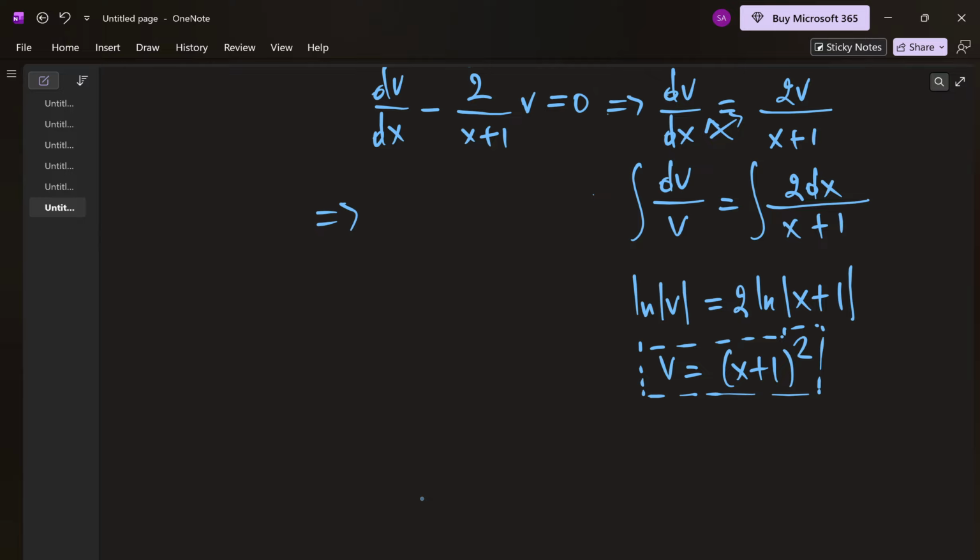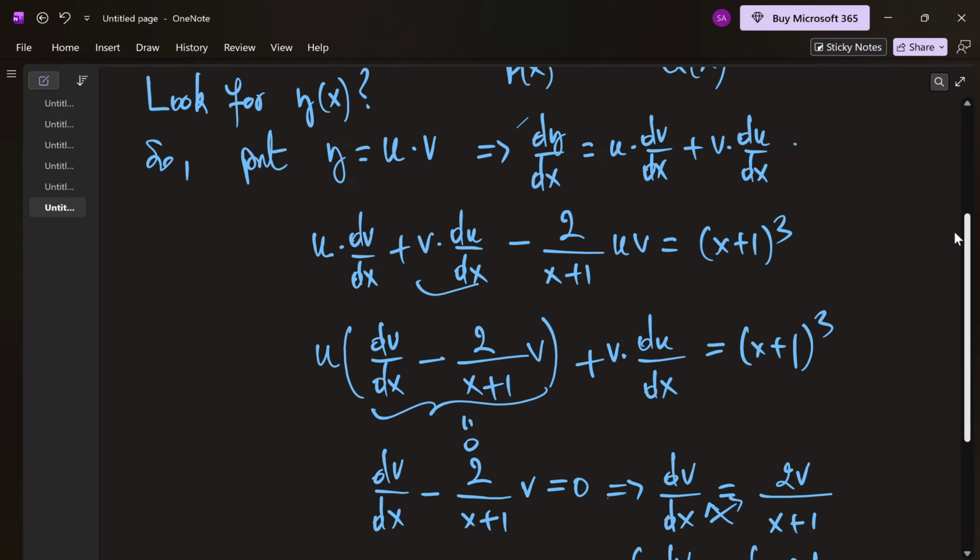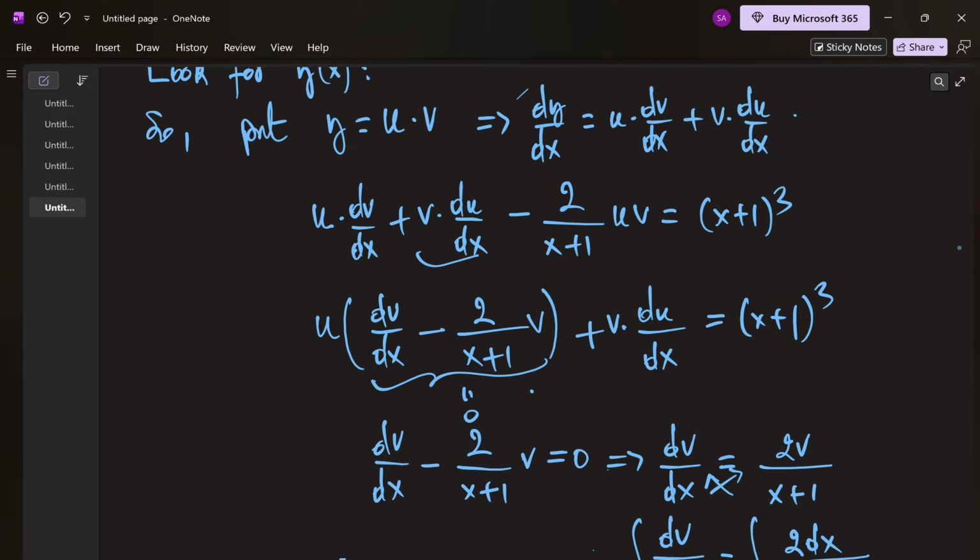What remains now is to find the value of u. Notice when we substitute v in our equation, this part goes to 0, so what remains is this part, which is v times du over dx is equal to q.